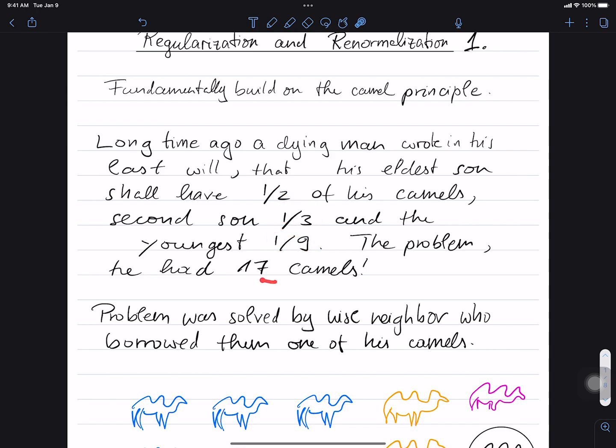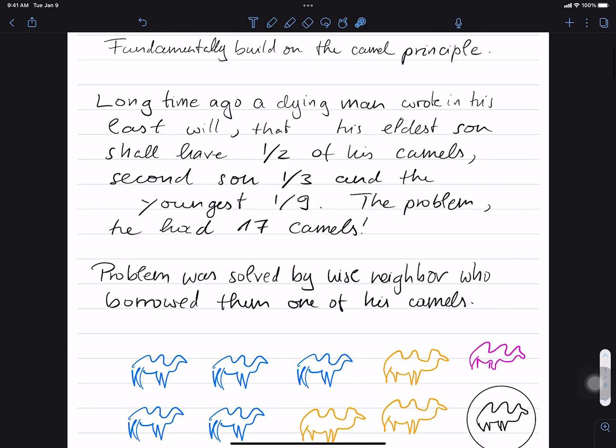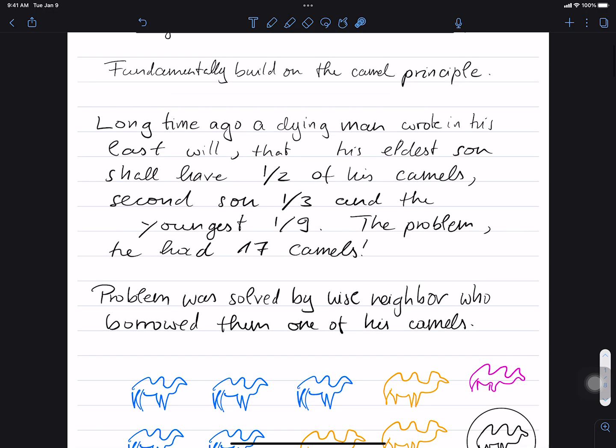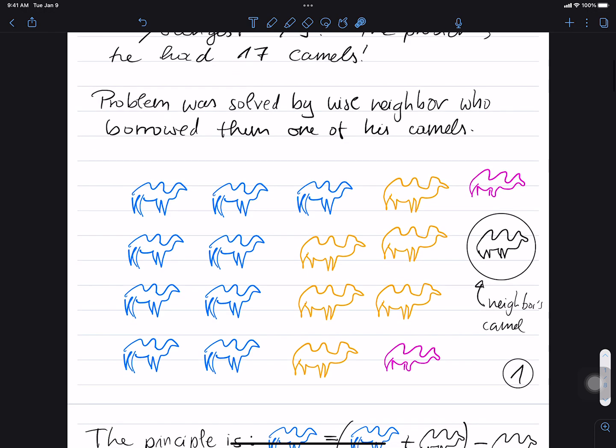Now the problem was that he only had 17 camels. Now the sons didn't want to cut camels in half or in smaller parts, so they didn't know how to proceed until the wise neighbor came along and helped them by lending them one of his camels, so that they had in total 18 camels.